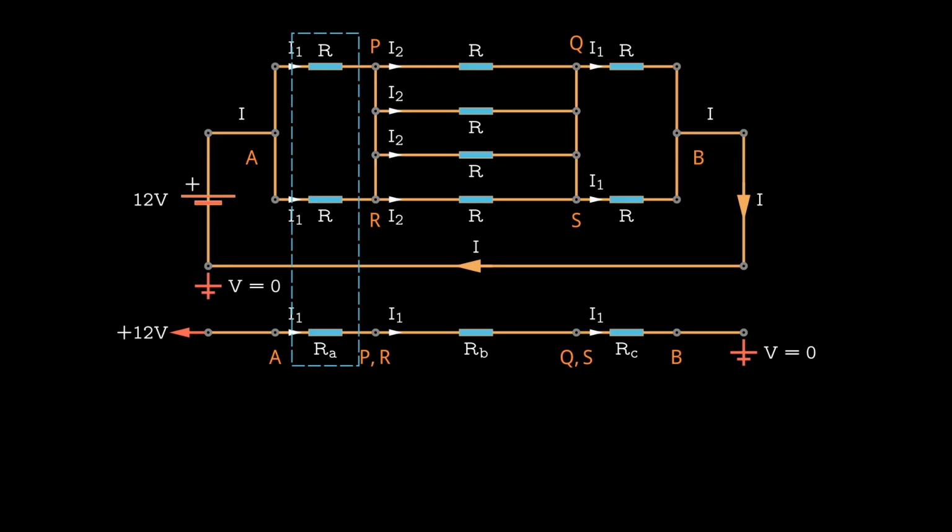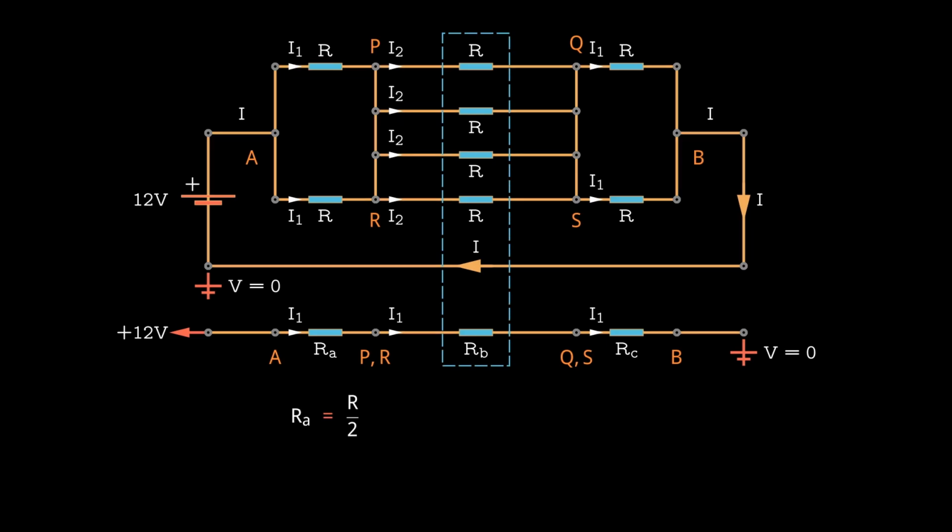In the first section, we have two parallel resistors, each with a value of R. Using the shortcut, the equivalent resistance of the first section is half of the original resistance. In the second section, there are four resistors connected in parallel, each with the same resistance value, R. The equivalent resistance of this section is 1/4 of the value of a single resistor, meaning it's equal to R divided by 4.